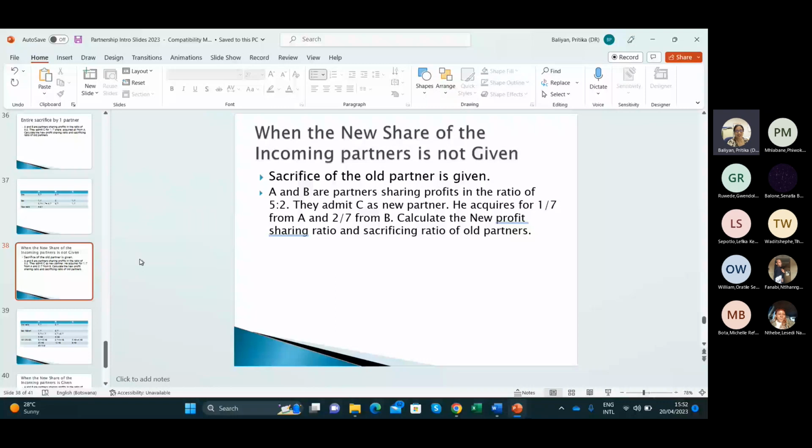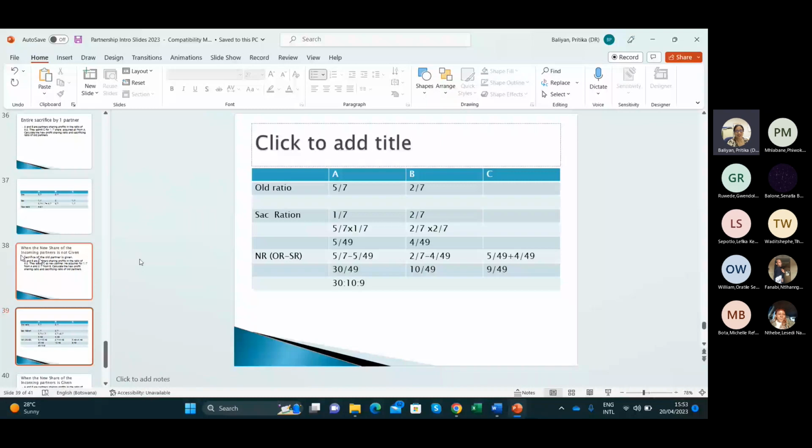But we are given that A gives 1/7 of his portion and B gives 2/7 of his portion to the partner C. So the old ratio was 5/7 and 2/7.